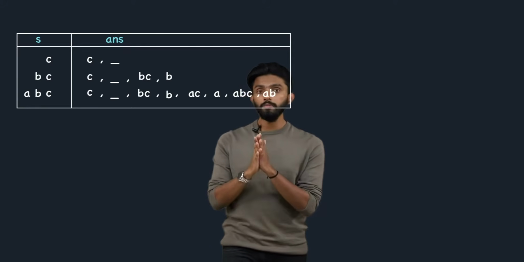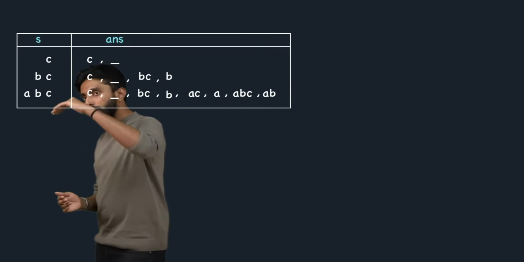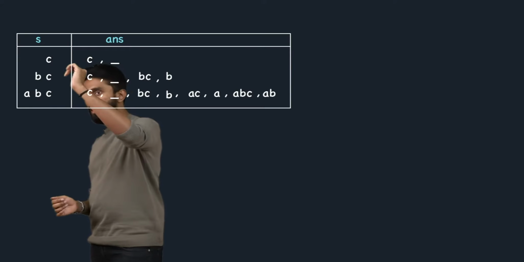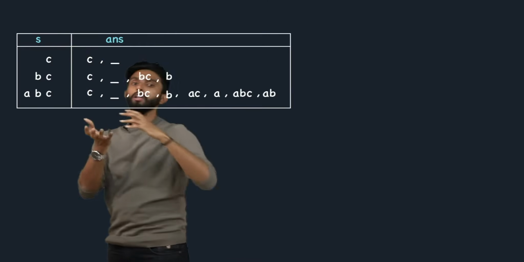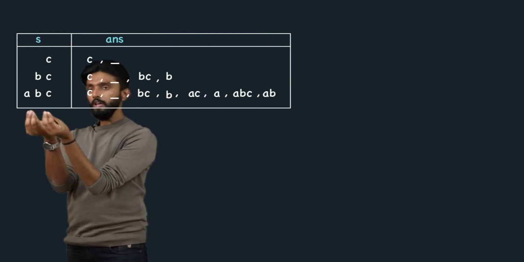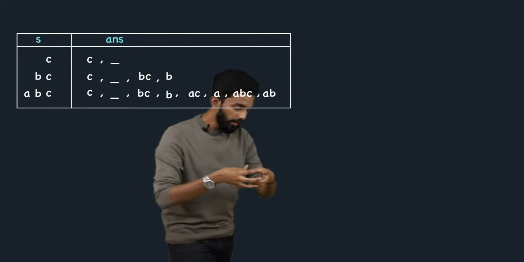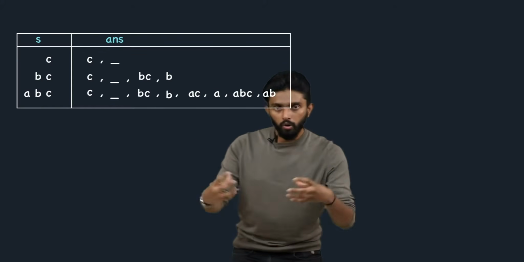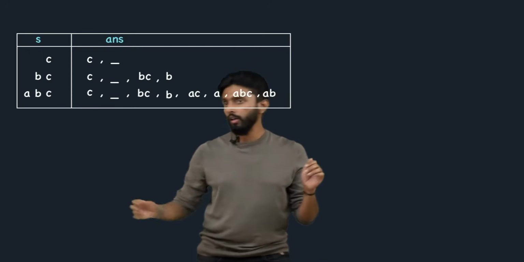Ultimately whatever is there in this C, BC and ABC is nothing but my string. My string is initially ABC, then it will become BC, then it will become C. So every time the original string has to be broken down into smaller strings. And how are you breaking it down?